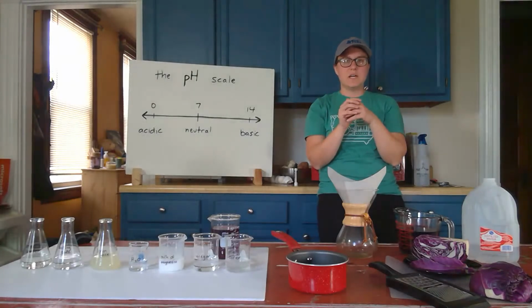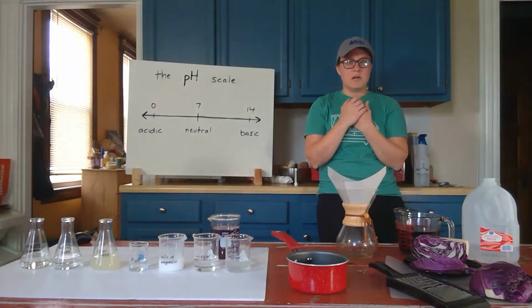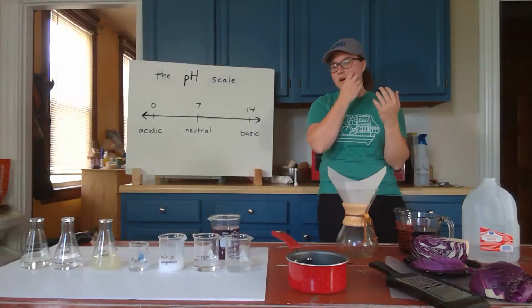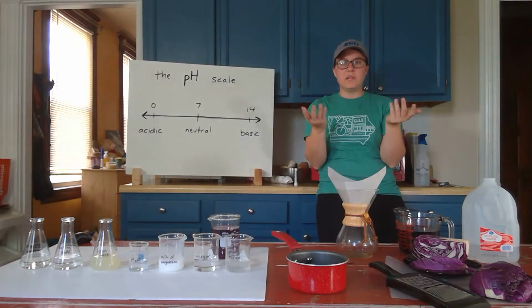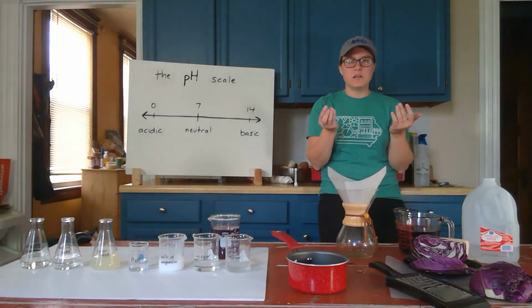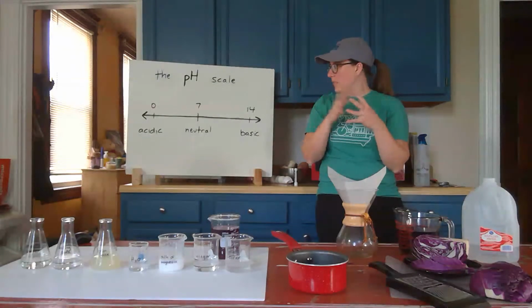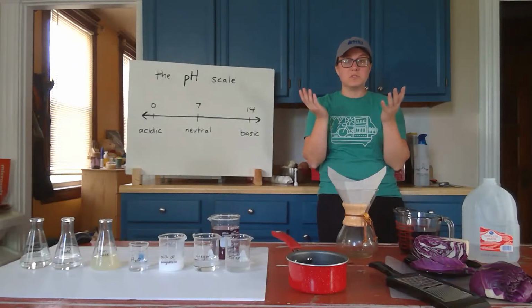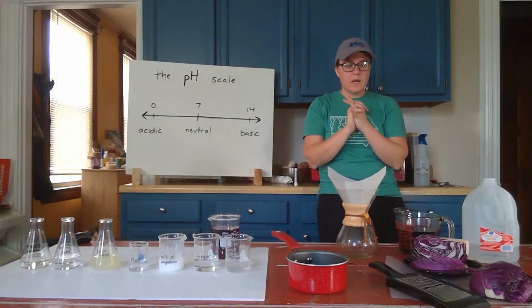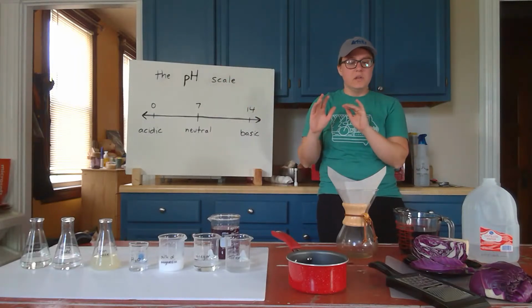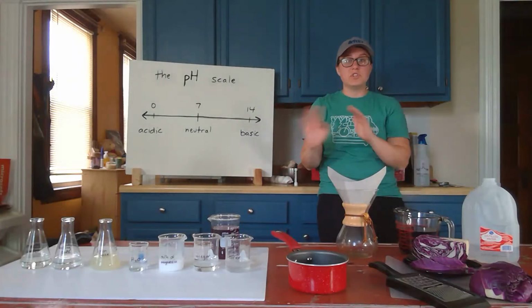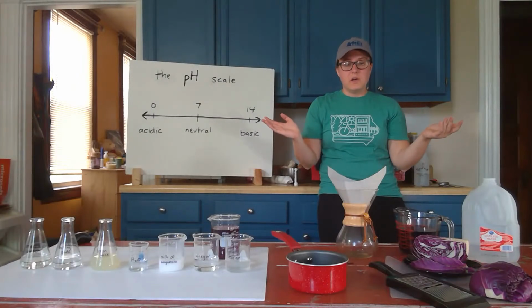They always create water, but sometimes they'll create other things like bubbles. The baking soda and vinegar reaction that a lot of you have probably seen before is a neutralization reaction. But some other things are on different ranges of the scale, and indicators usually will change colors based upon where they're at.